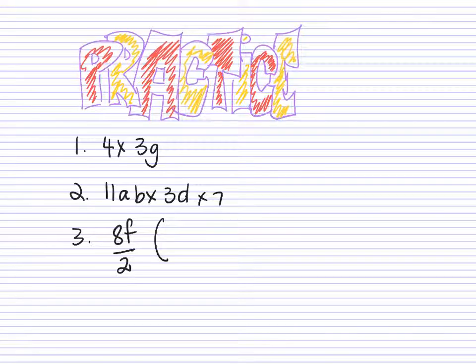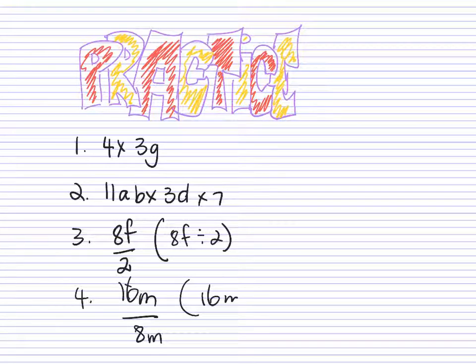Remember, you could always write it as a fraction if it makes it easier for you. Number 4, let's do 16m over 8m, or 16m divided by 8m. Alright, have a go at those and bring them into class.